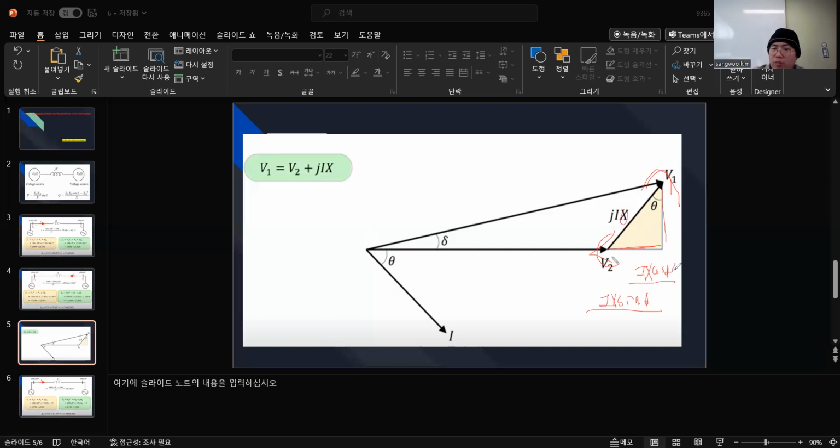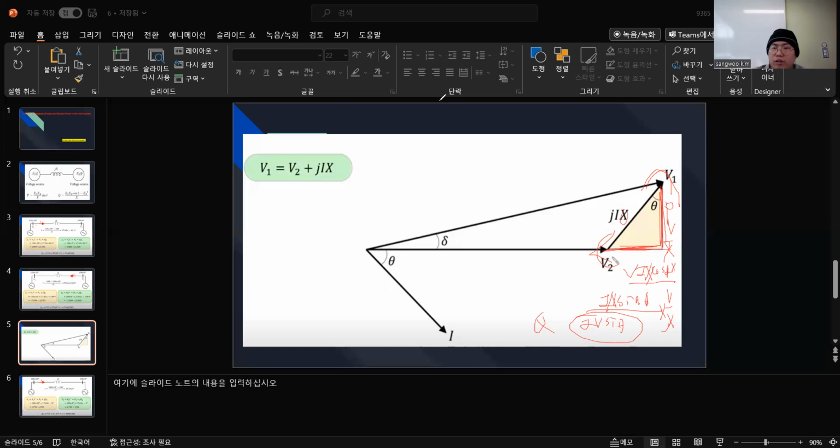But if we multiply V over X, we get VI cosine theta, and if we multiply V over X, we get VI sine theta, which means this part is Q, right? And this part is P, right?